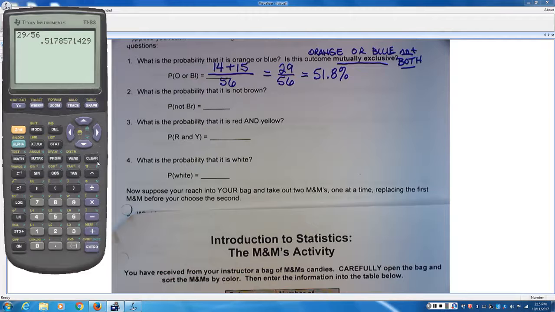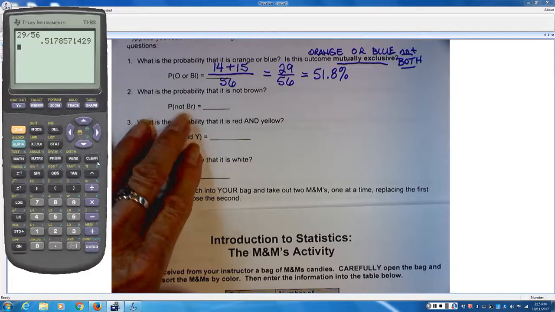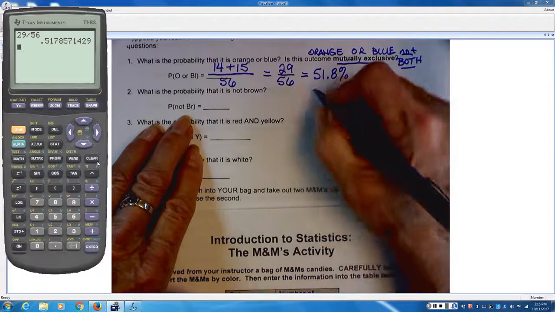That's how you know something is mutually exclusive. If I were to reach into my bag, what's the probability the M&M I draw out is not brown? This is an example of the complement rule.